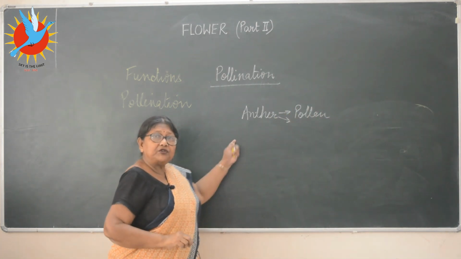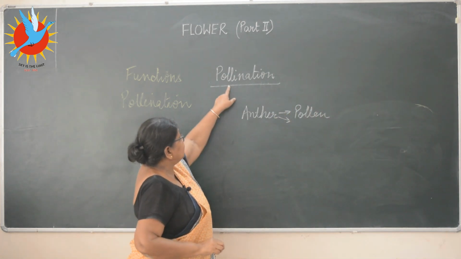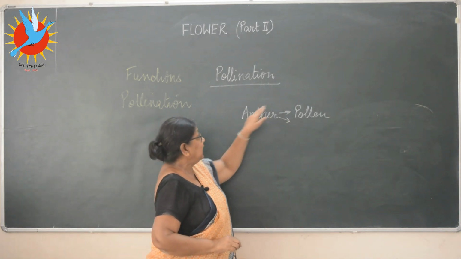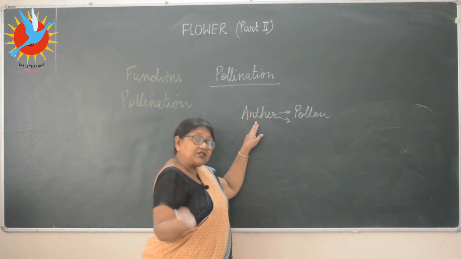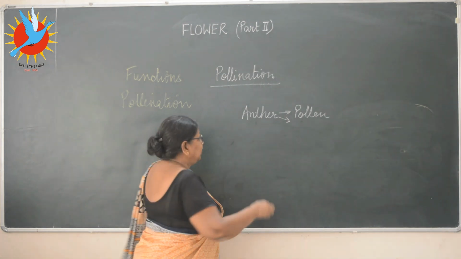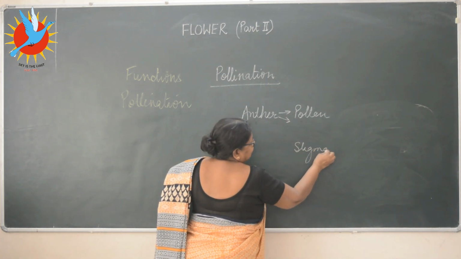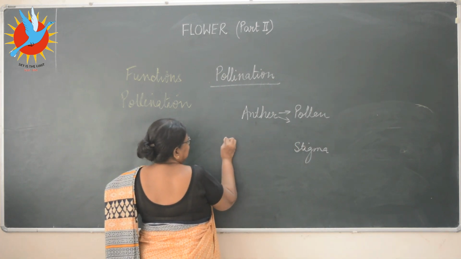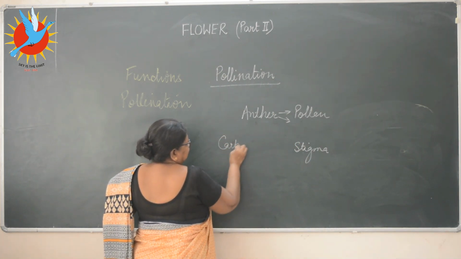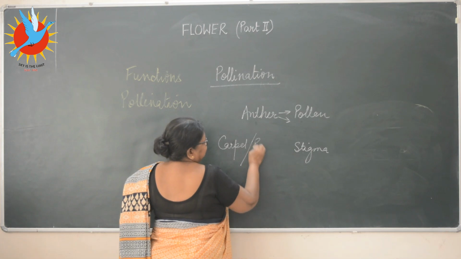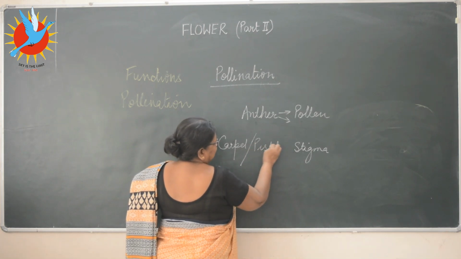Anthers are producing pollen. The process by which these pollens from the anther are transferred to the stigma. Stigma is in which part? The female reproductive part, that is in the carpel or pistil, whatever you call it.